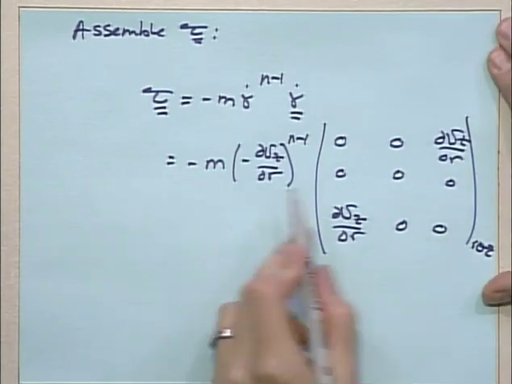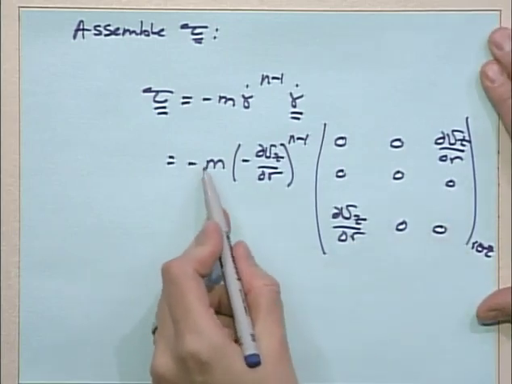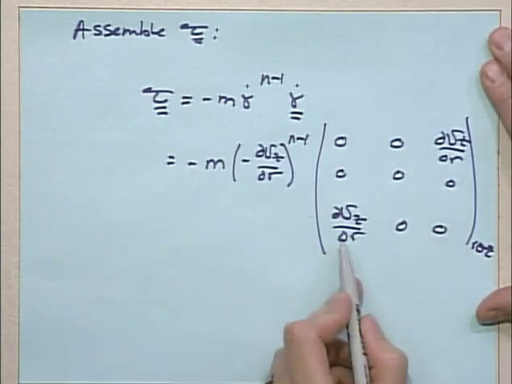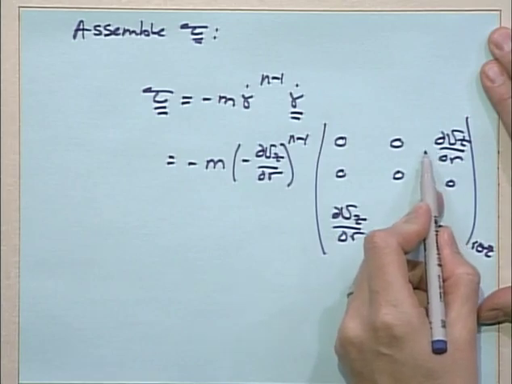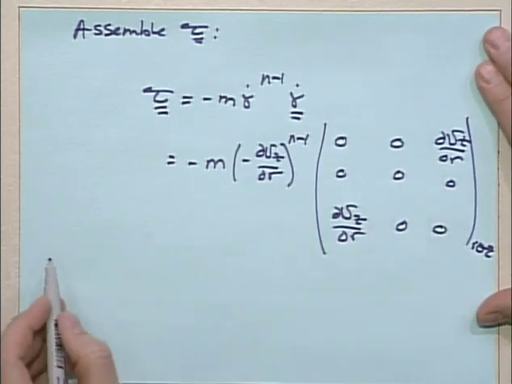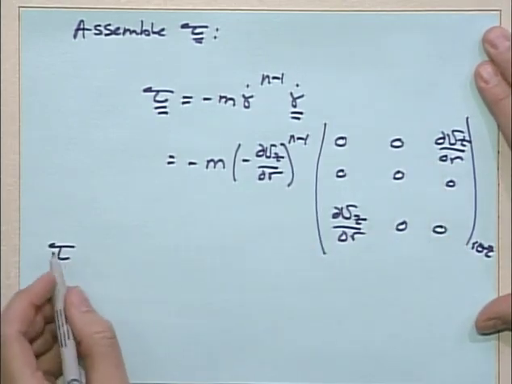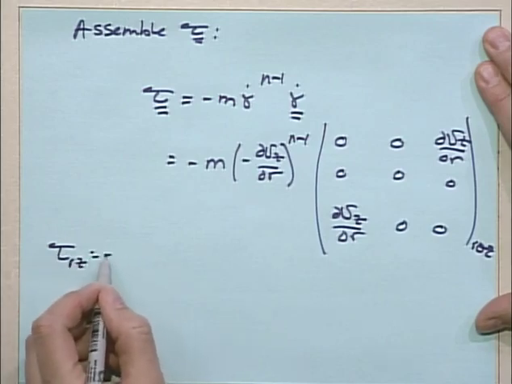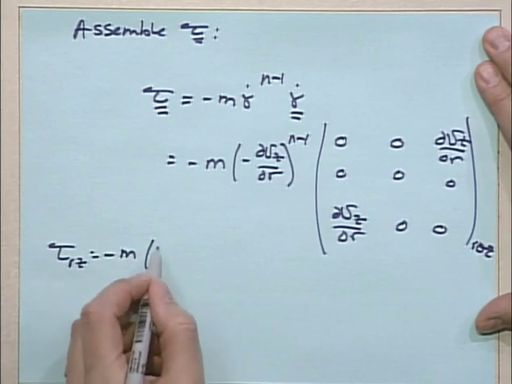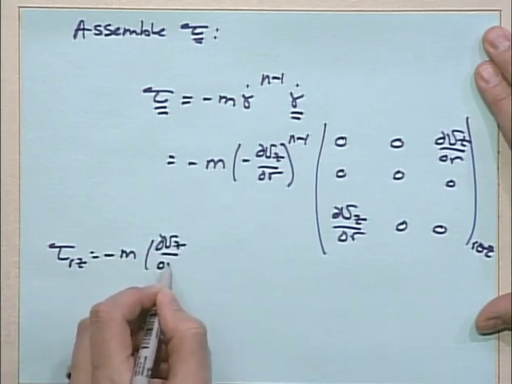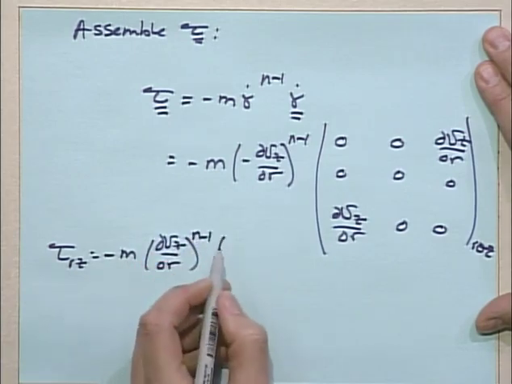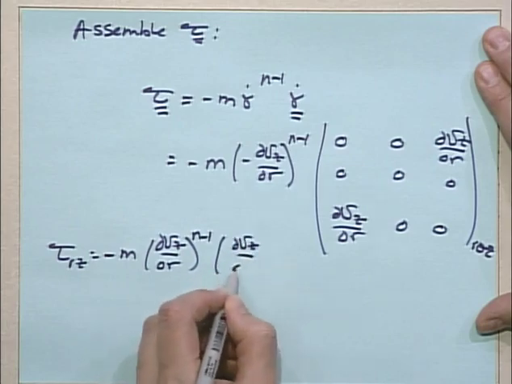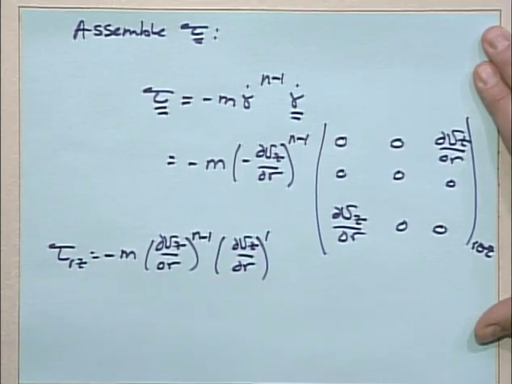So now I can multiply this in. Notice that I have a minus sign out front, so I can put that minus sign in here. And so for tau RZ, I've got minus m times dvz dr to the n minus 1 times dvz dr to the 1.